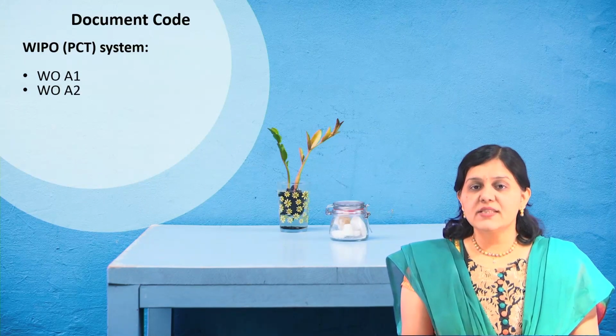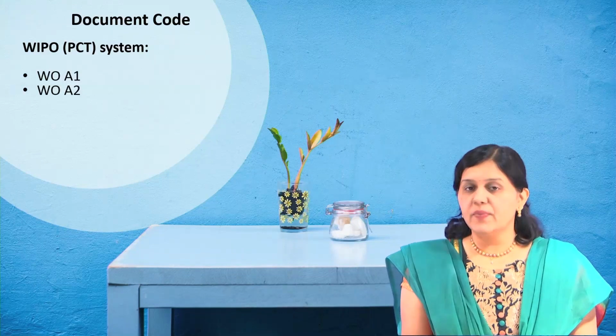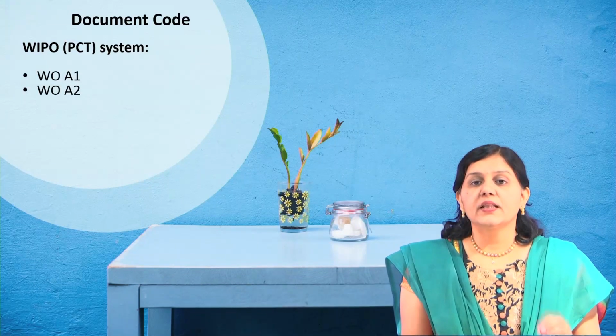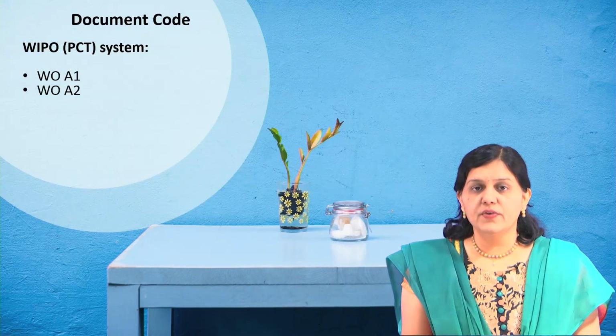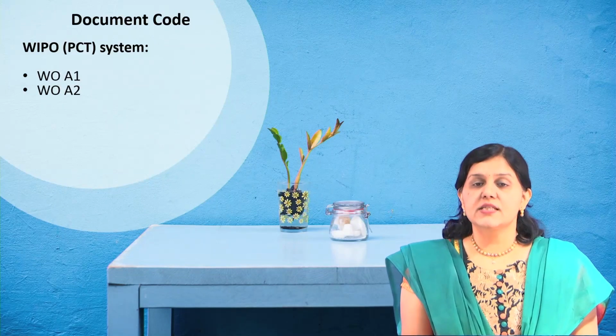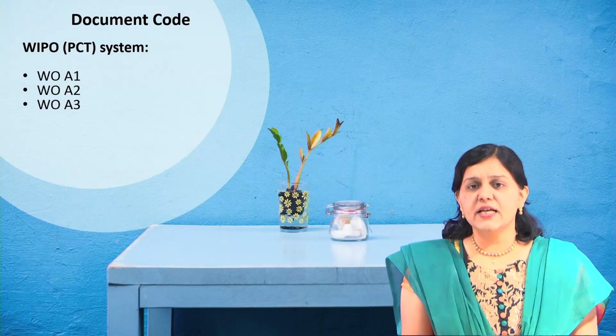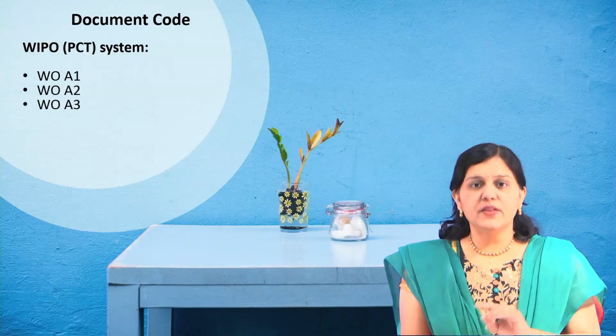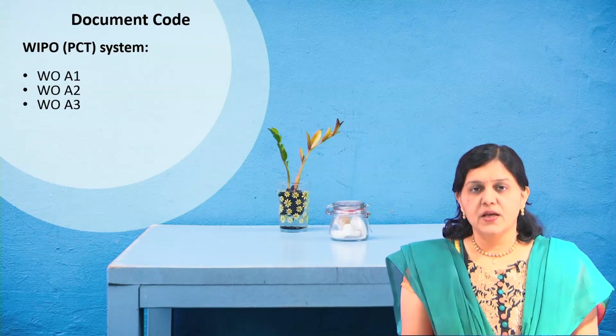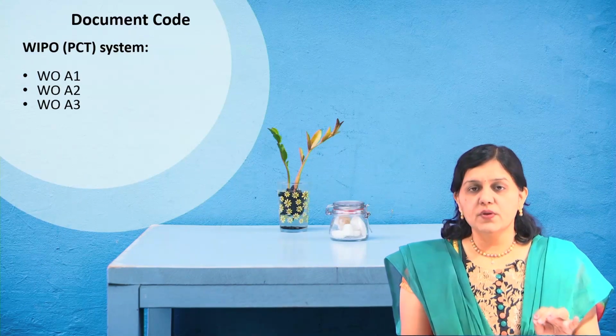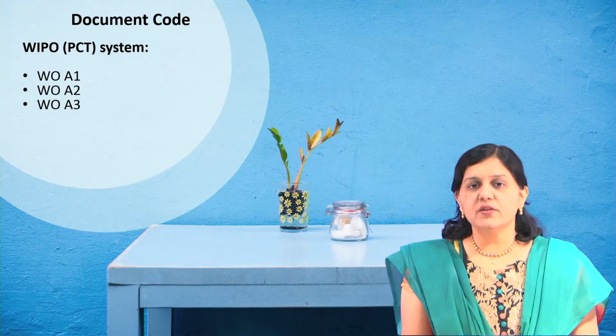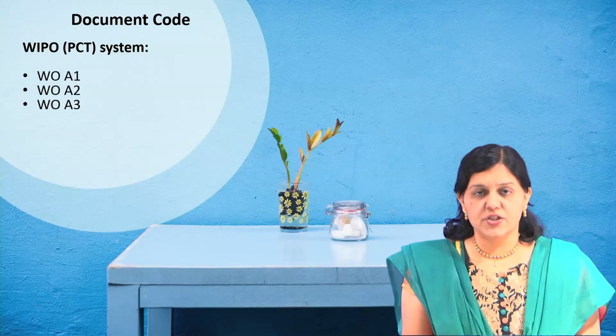WOA2: the meaning is that this is a publication of the international application without the international search report. What is that international search report? We will see when we are looking at the PCT system. So, WOA2 is the publication of the international application without international search report.